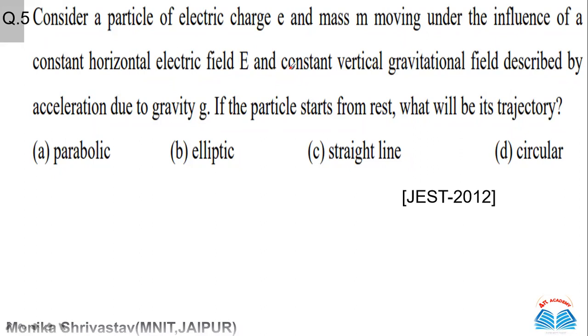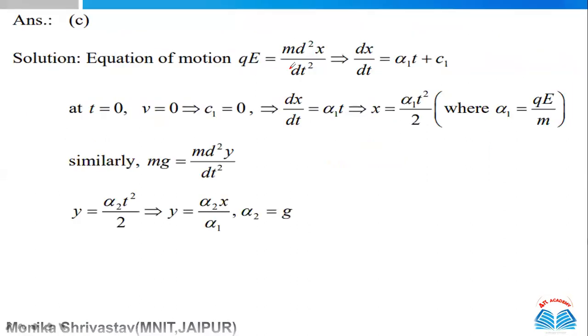So the question is, there is a horizontal electric field and a vertical gravitational field, and there is a charged particle having charge e and mass m moving in that field. It starts from rest. After some time t, what will be its trajectory? This is also a good question.